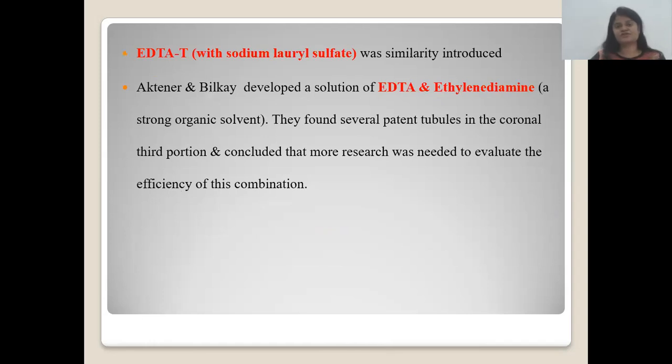Then another combination of EDTA is EDTAT, which was combined with sodium lauryl sulfate, similarly introduced to reduce the surface tension of the root canal. Atner and Bidke developed EDTA with ethylene diamine, a strong organic solvent, and they found patent tubules in the canal in the coronal third and concluded that more research was needed for these two combinations to assess their efficacy.